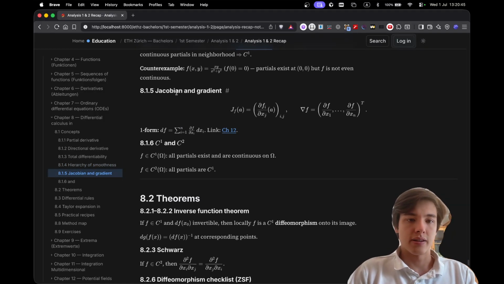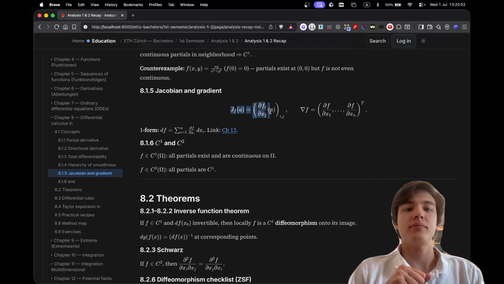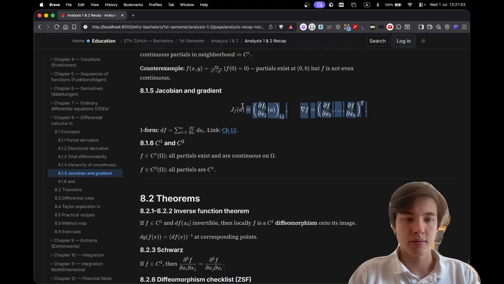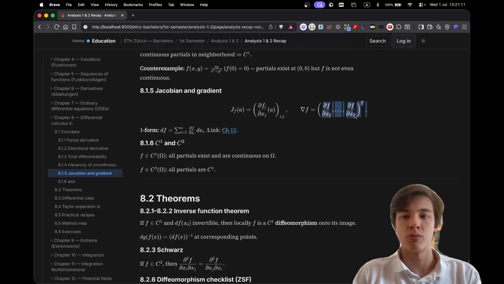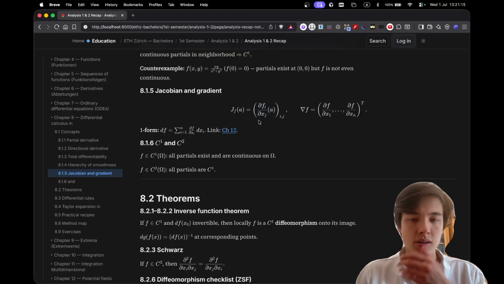So let's look at the Jacobian and the gradients. If we just have one function, right? I forgot. No, if we have more, I think. The gradient is just one function differentiated with respect to multiple variables. The Jacobian is if we have multiple functions.